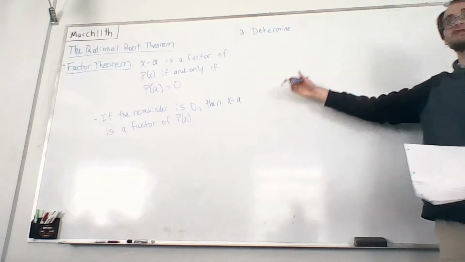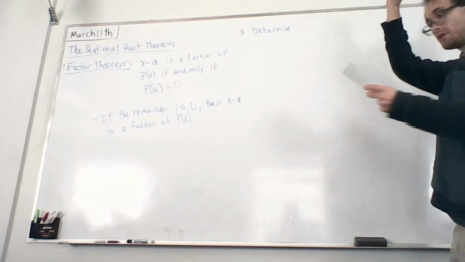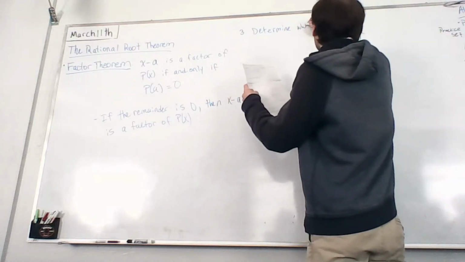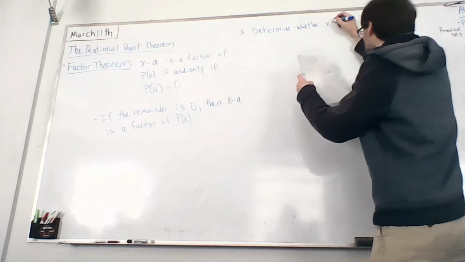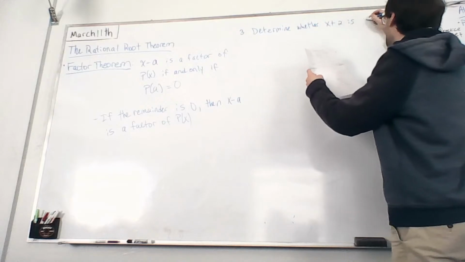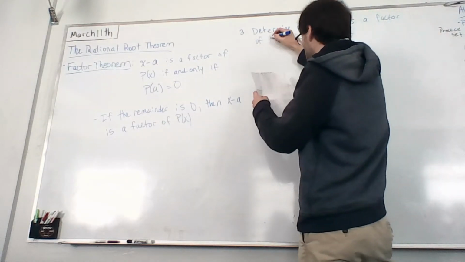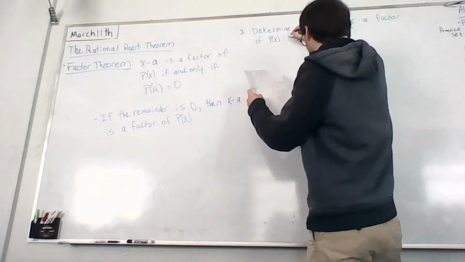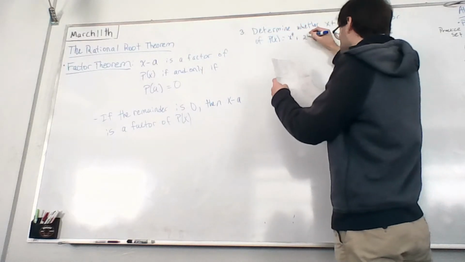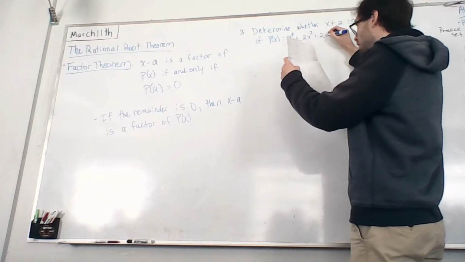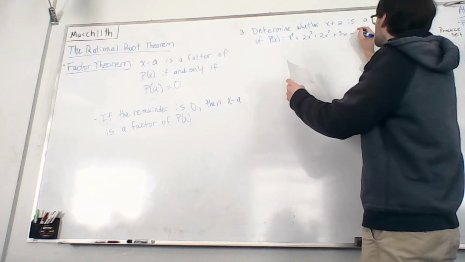If you want to consider it the first factor theorem problem, yes. Determine whether x plus 2 is a factor of p of x equal to the following: x to the 4th plus 2x cubed plus 2x squared plus 3x minus 2.